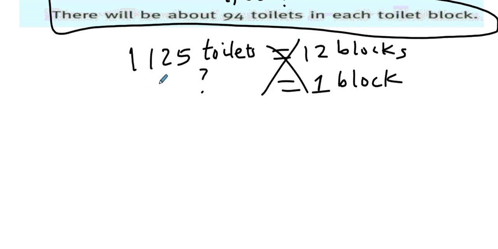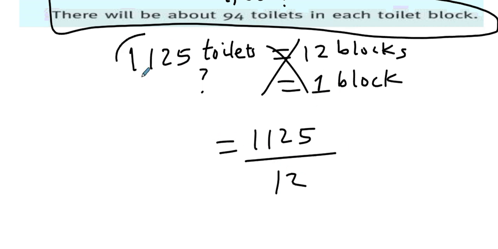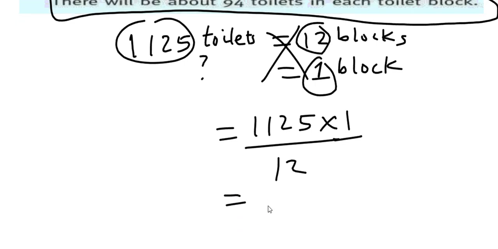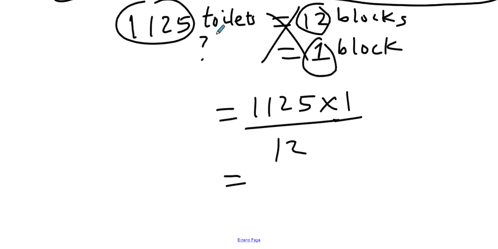Cross multiply. This will be equal to 1,125 times 1 divided by 12. This number times this number divided by 12. Remember the question is asking for toilets. 1,125 times 1 remains the same, over 12.